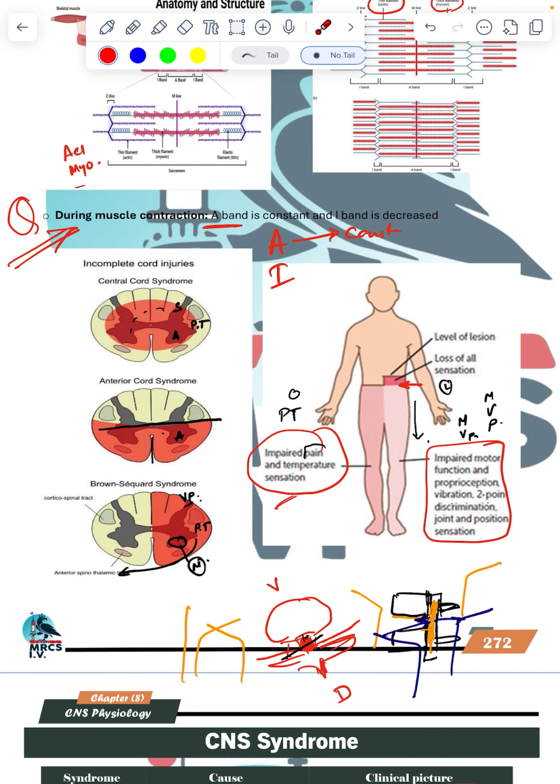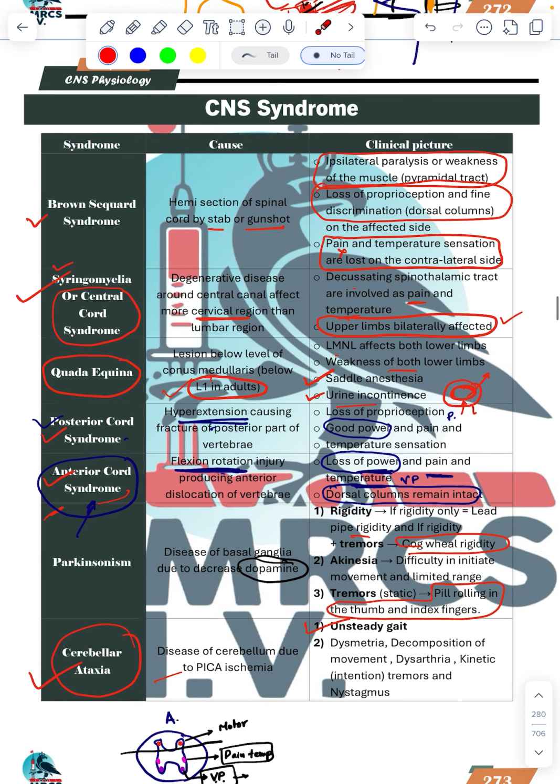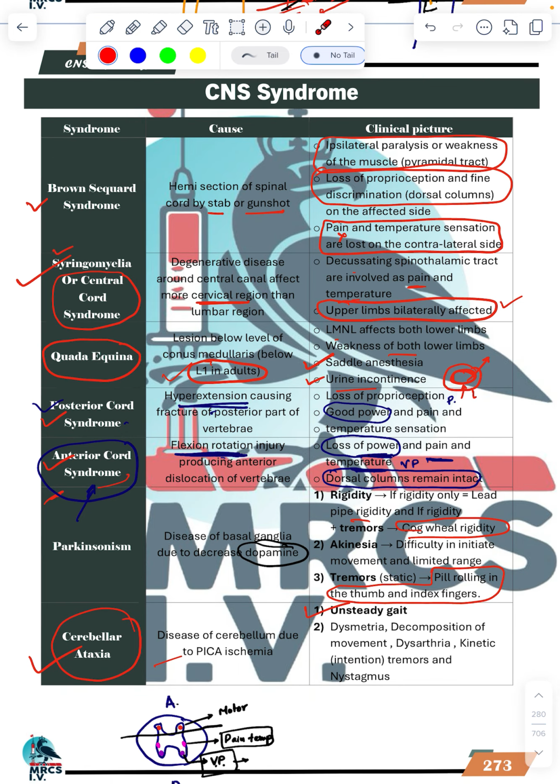Incomplete cord transections: central cord syndrome, anterior cord syndrome, and hemisection. This is the central cord, this is the anterior cord, and this is the lateral cord. To understand this, Brown-Sequard is hemisection, with ipsilateral loss of motor function and proprioception, and loss of pain and temperature on the opposite side.